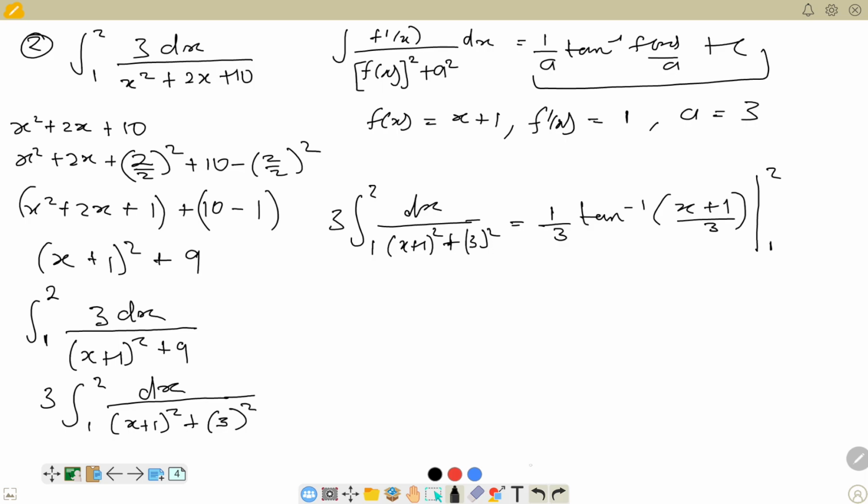Now we need to substitute and ensure that our calculator is in radian mode. And here we must not forget this 3. So this 3 is still there, and it is going to divide here. So the 3 and 3 are gone, and we are only left with arctan, because we had a 3.